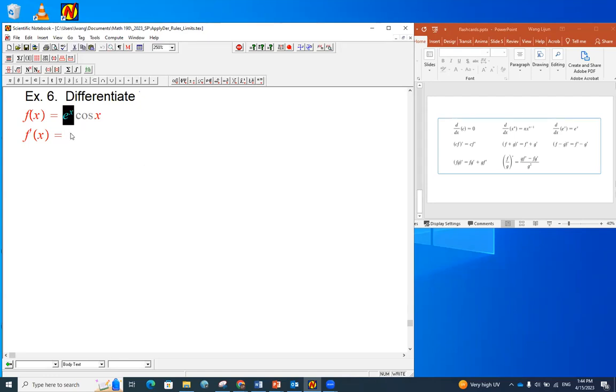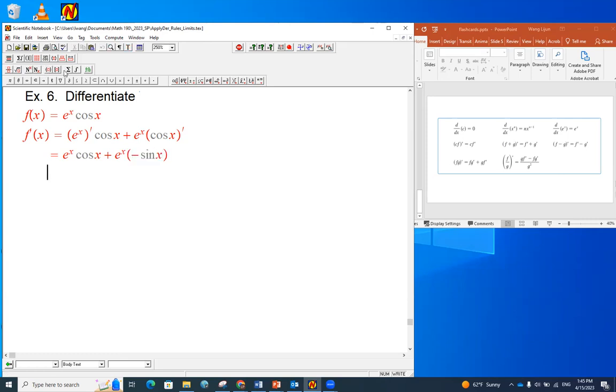So the derivative of e to the power x, and g stays the same, plus e to the power x, and you differentiate cosine x. The derivative of e to the power x is the same, e to the power x, multiplied by cosine x, plus e to the power x. The derivative of cosine x is negative sine x.